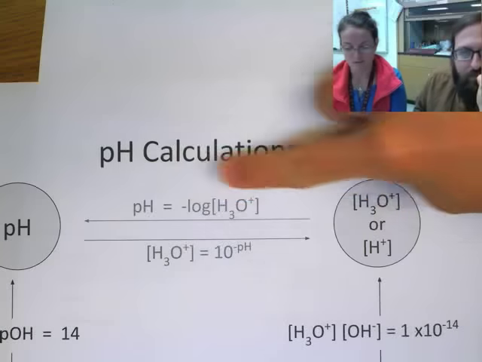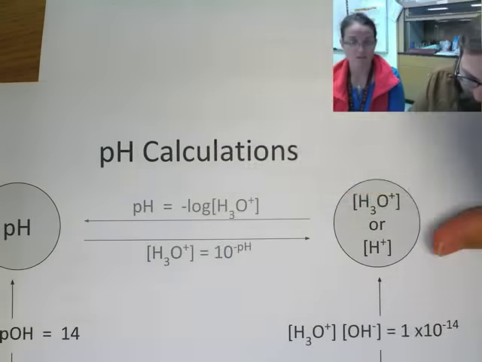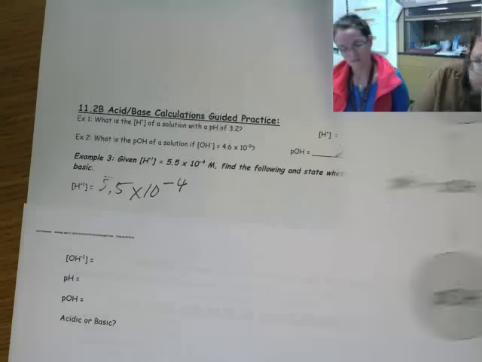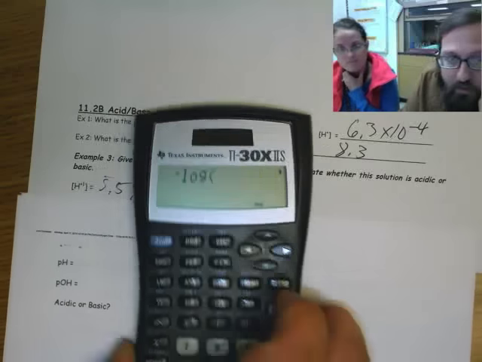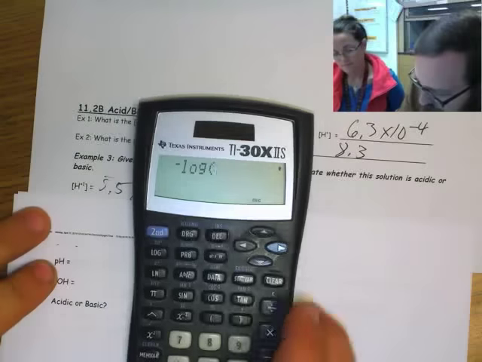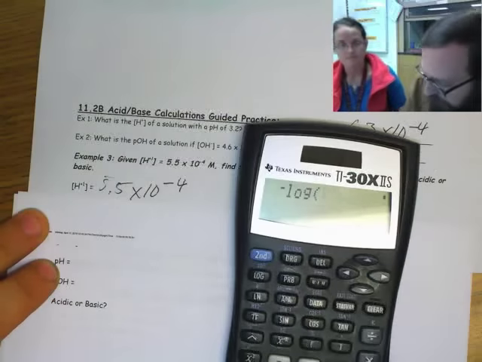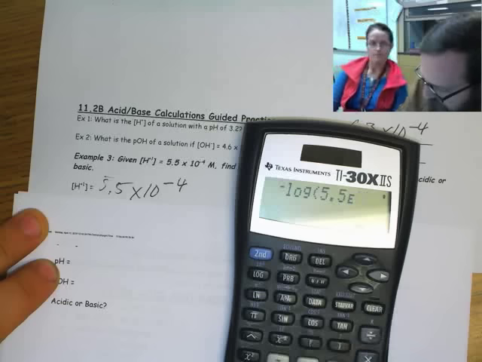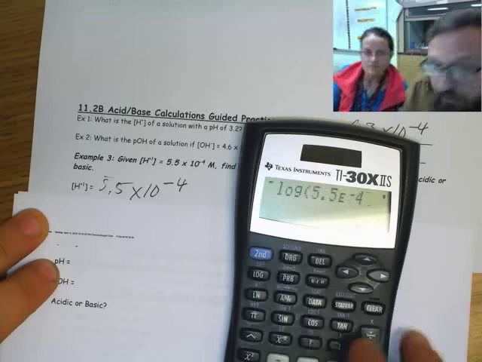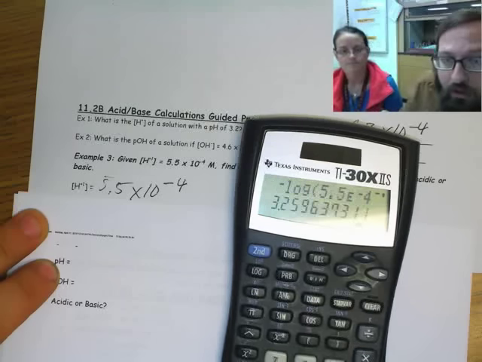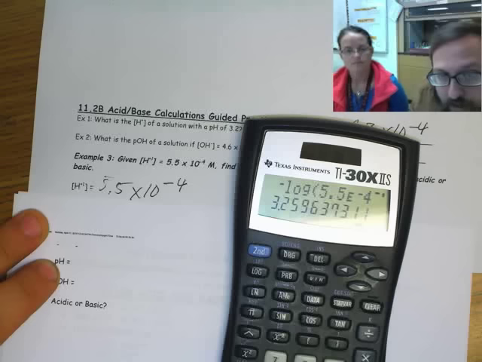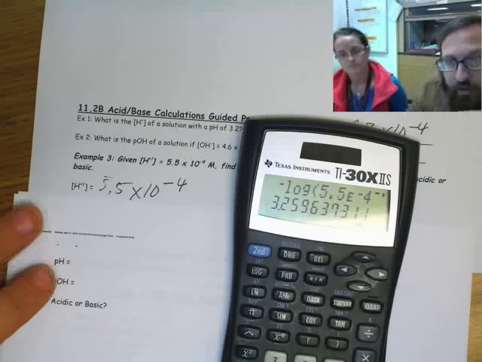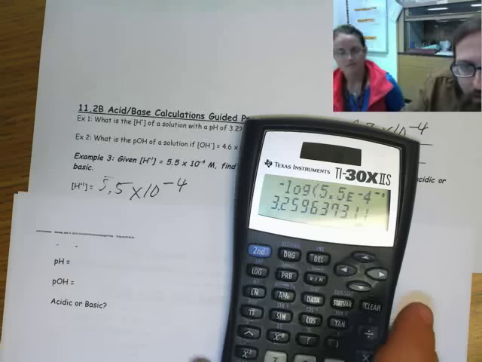So we're just going to do negative log of the number they gave us. Negative log, and the number was 5.5 times 10 to the negative 4th power. So my pH is 3.25. Okay, so 3.3.